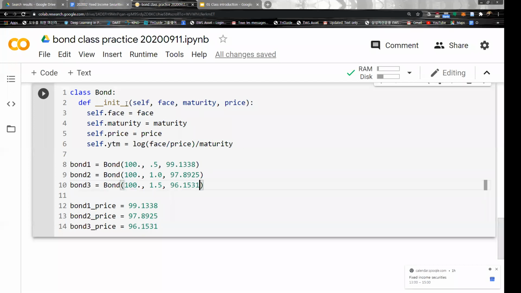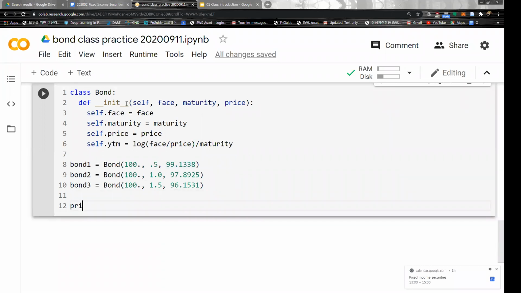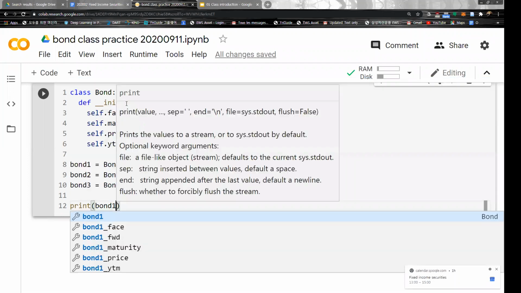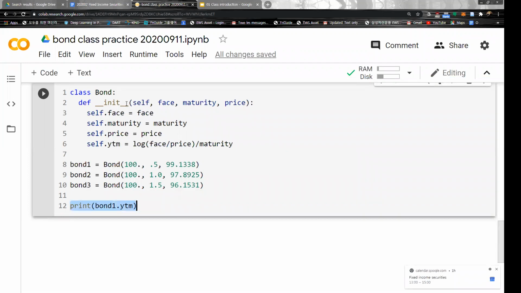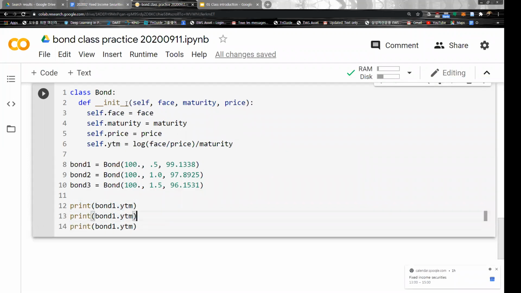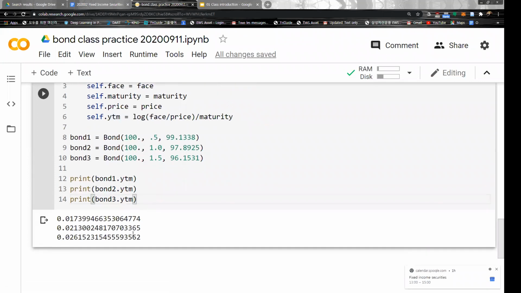Now I don't need this one. And then print bond one YTM, bond two, three. Okay, now I have the exact numbers.